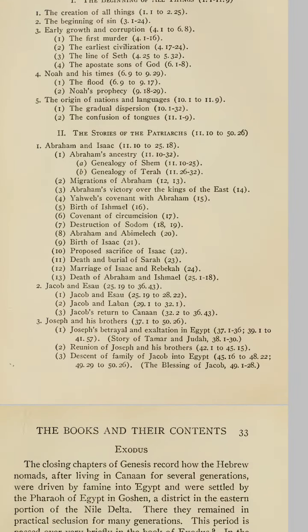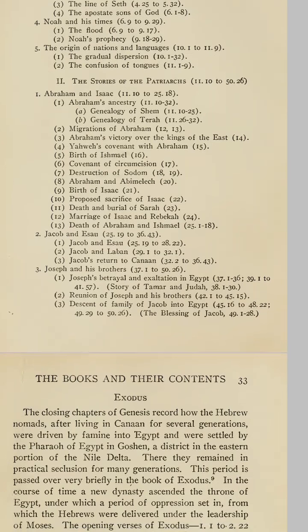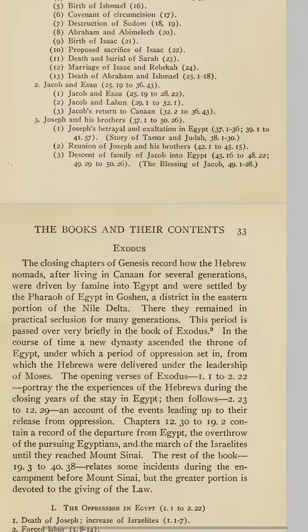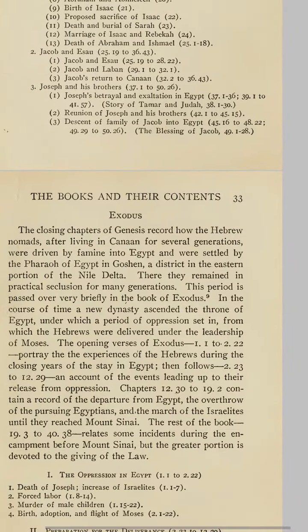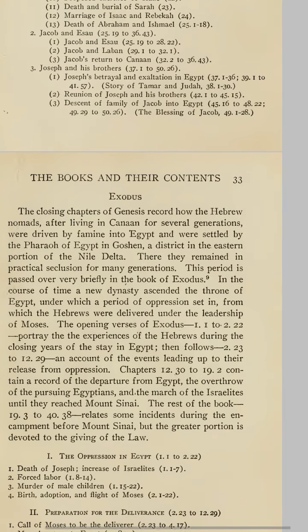2, the stories of the patriarchs. It says Abraham and Isaac, Abraham's ancestry, the genealogy of Shem, the genealogy of Terah, migrations of Abraham, Abraham's victory over the kings of the east, Yahweh's covenant with Abraham, birth of Ishmael, covenant of circumcision, destruction of Sodom, Abraham and Abimelech, birth of Isaac, proposed sacrifice of Isaac, death and burial of Sarah, marriage of Isaac and Rebekah, death of Abraham and Ishmael.